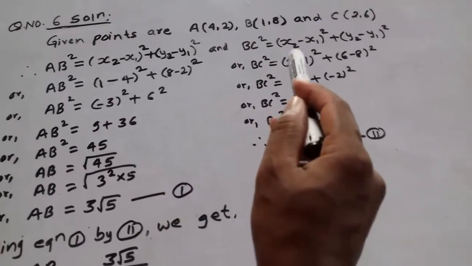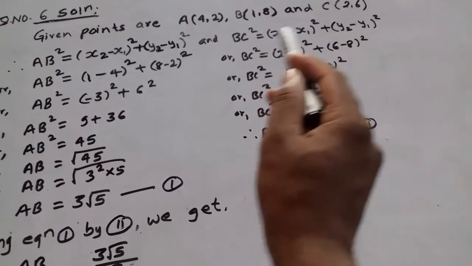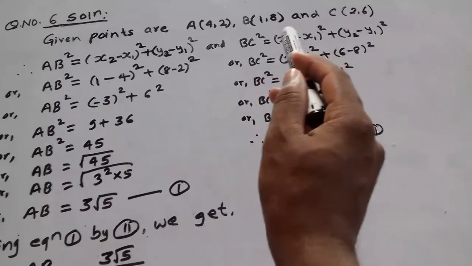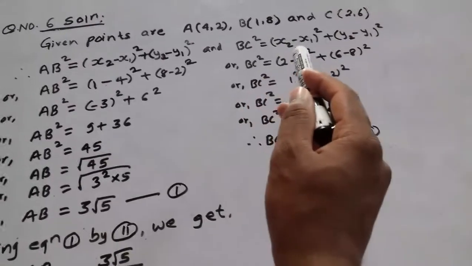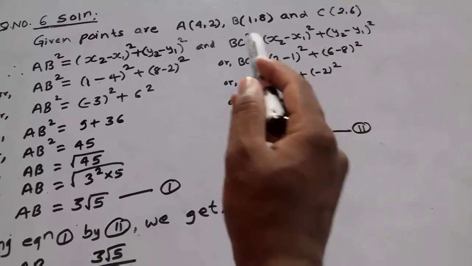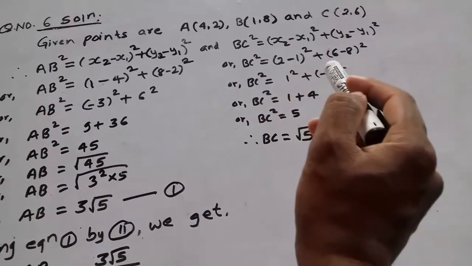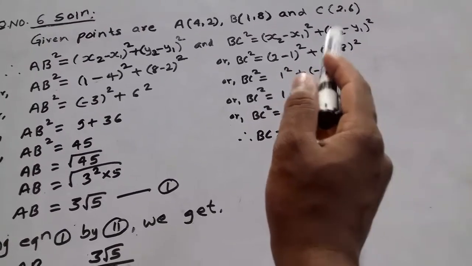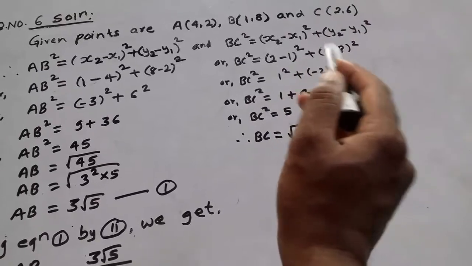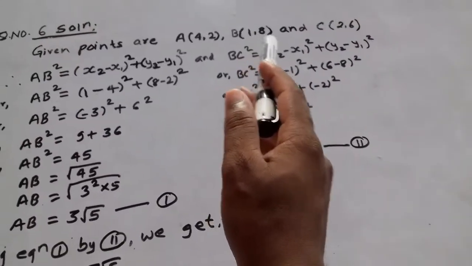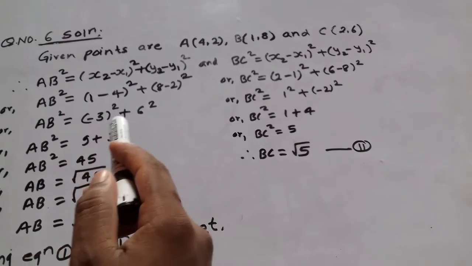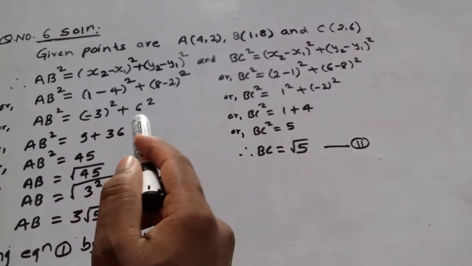and on this side x2 y2 is the coordinate of C and x1 y1 is the coordinate of B. So x2 is 2 minus x1 is 1, plus y2 is 6 minus y1 is 8. 1 minus 4 is minus 3 square, then 8 minus 2 is 6 square.